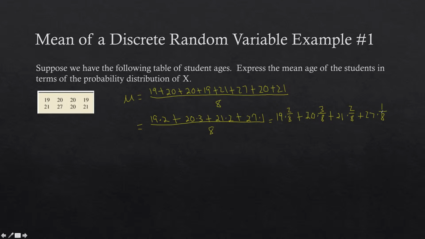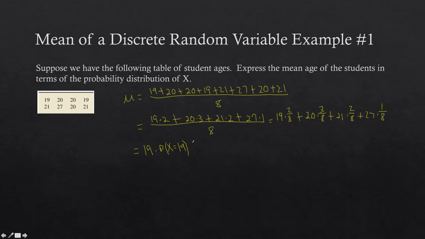Okay, so what I'm actually saying here is this is 19 times the probability of x equaling 19. So this is the population distribution.